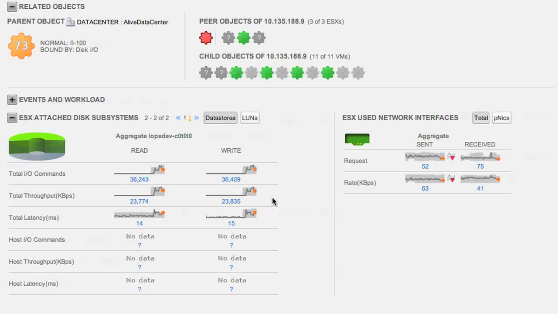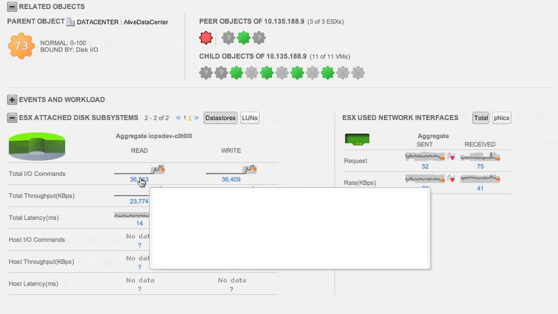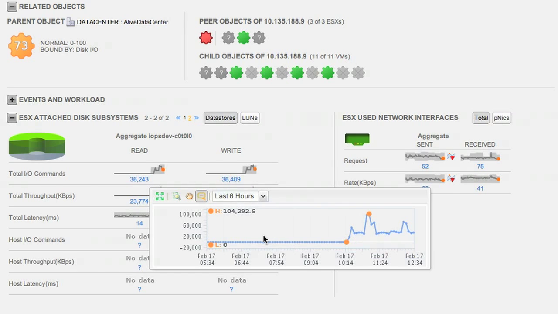Now you notice something interesting that's happened here. We see that things were pretty flat for this data store until recently when you see a spike. So we can actually click here to get a bit more detail on what's going on. So again, this gives us a zoomed in view of that spark line that we were just looking at. Now we can see a few things here. The low point's at 0.